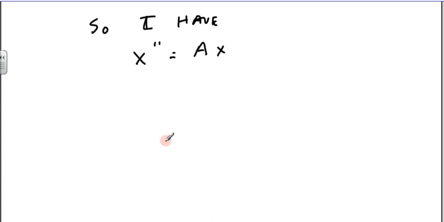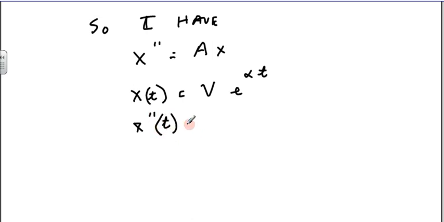If we say that the answer to this is in the form x of t is equal to v e to the alpha t, then x double prime of t has to be in the form alpha squared v e to the alpha t.